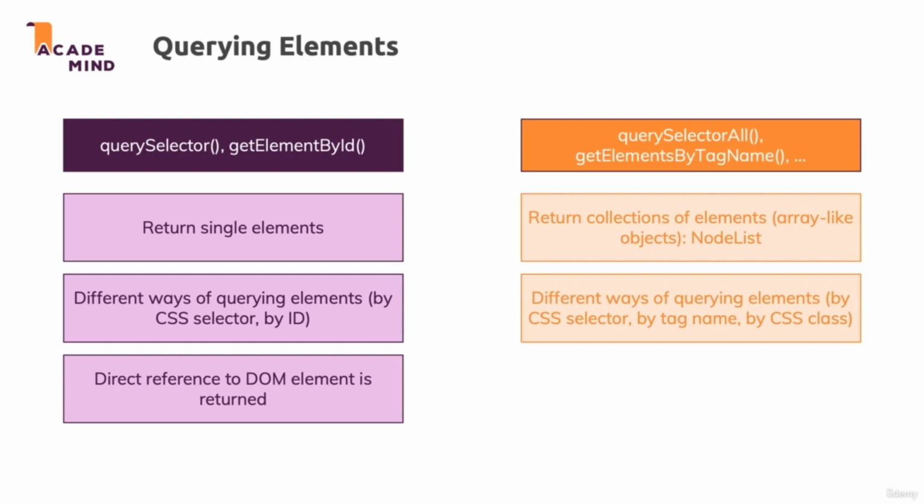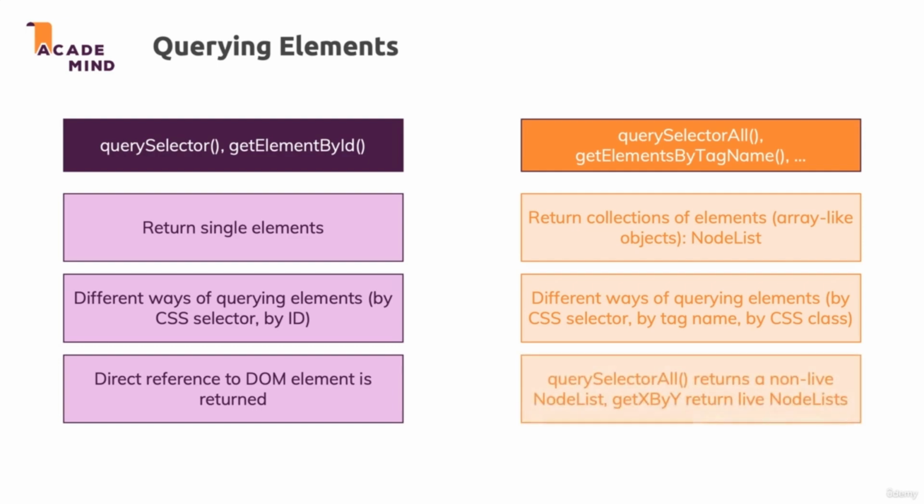Now, one important difference here, which I want to mention right away, which often will not matter, but still is worth being mentioned, is that query selector all will give you a non-live node list, so a snapshot of the currently rendered DOM, whereas these get something by something methods, like get elements by tag name, return a live node list, which means that if you then add or remove elements, which we'll also learn throughout this module, you'll see that reflected in the list which you loaded through the get something by something method.